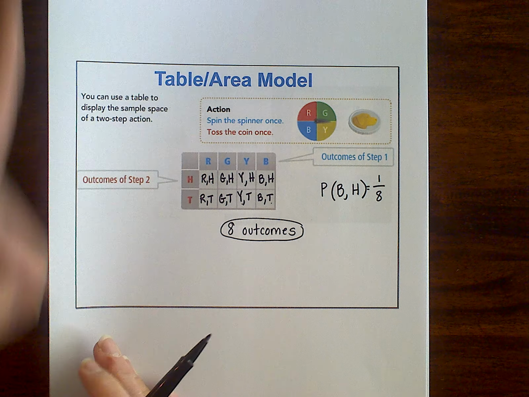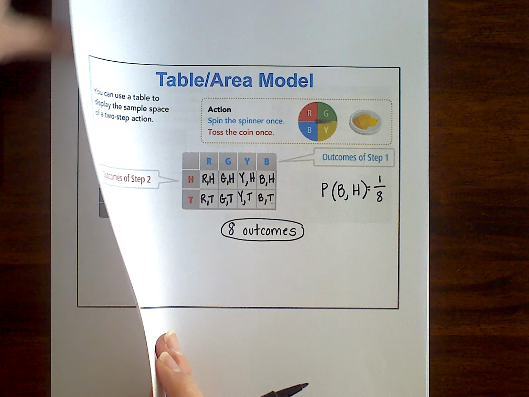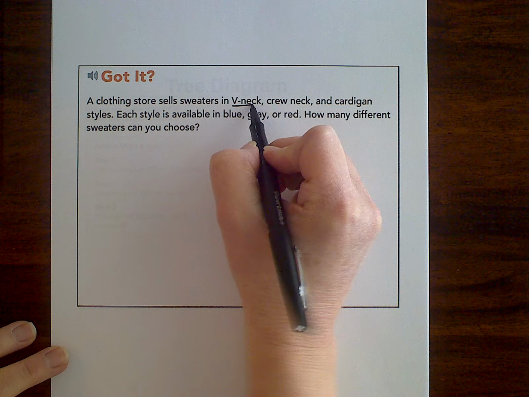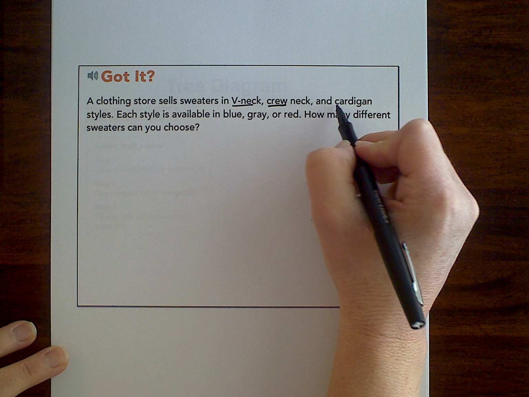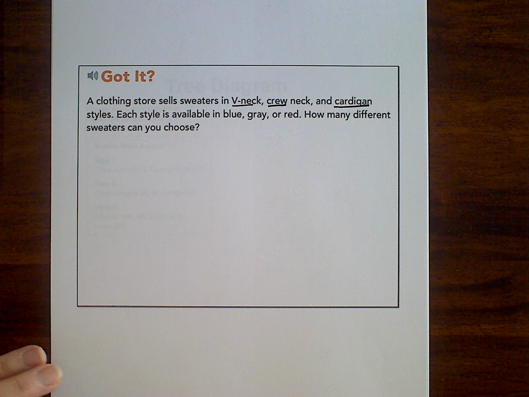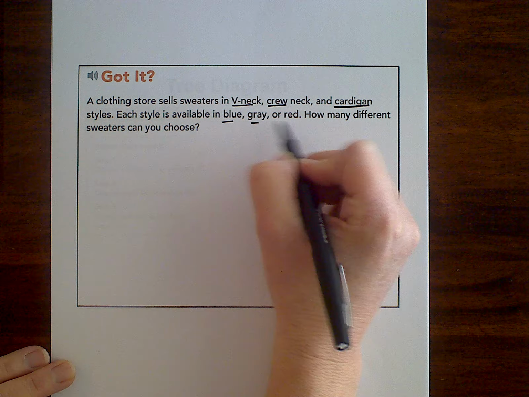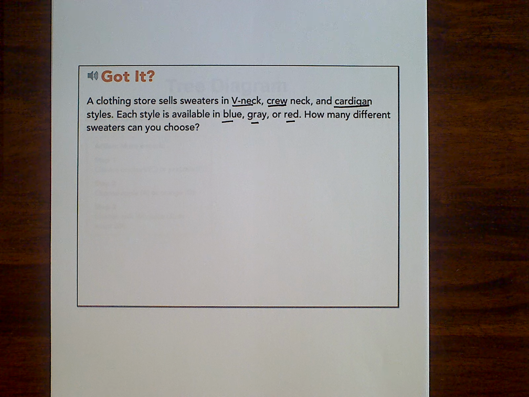So let's look at the question that you have in your book. And it says a clothing store sells sweaters in V-neck, crew neck, and cardigans. And you have the color choices of blue, gray, or red. And it wants us to figure out how many different sweater choices that we can create.